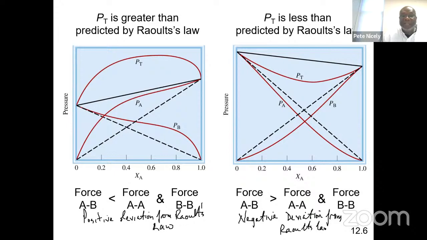All right. And the reason why we have these deviations is because there's a difference in forces that exist in the separate components compared to the forces that exist between the molecules in the mixture.